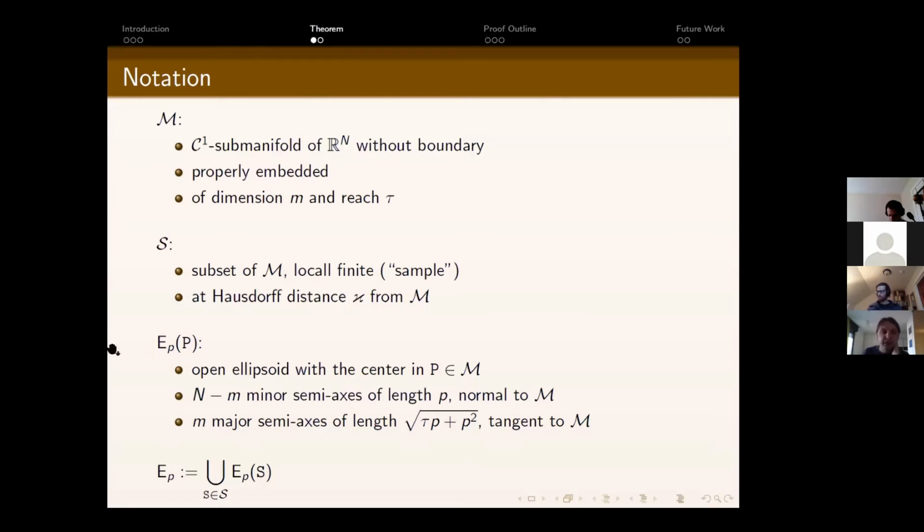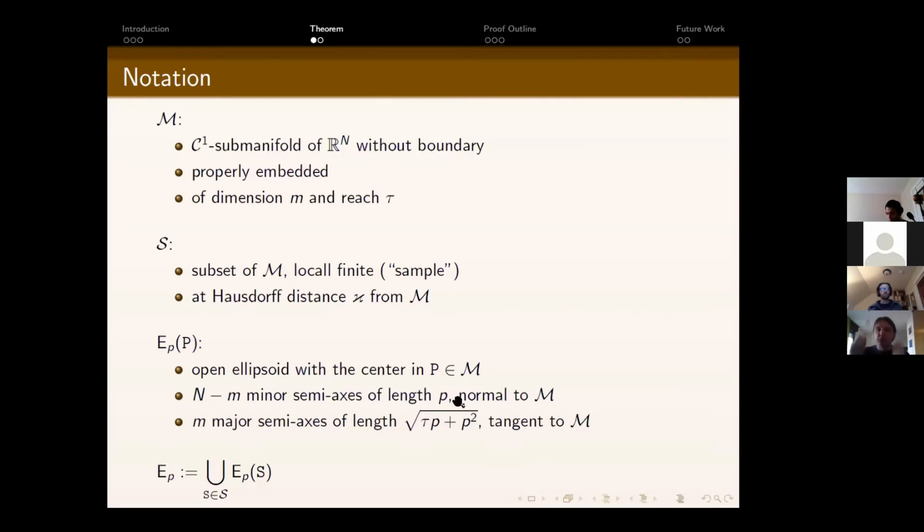And then this is our notation for open ellipsoids with center P, a point on the manifold. If the manifold is of dimension m, therefore of codimension n minus m, we have that many minor semi-axes.